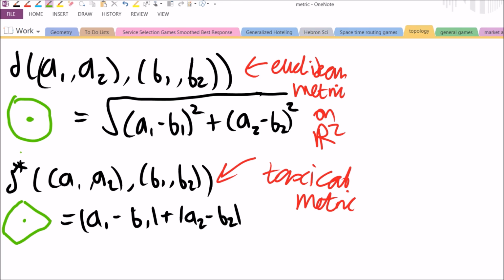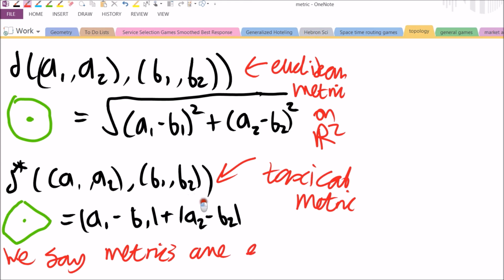So, to formalize this idea, we say metrics are equivalent on some set X when they induce the same topology.